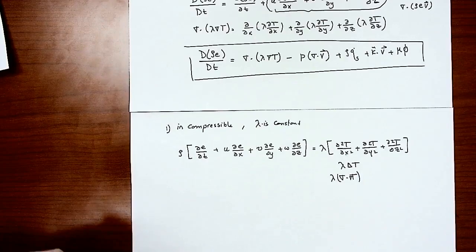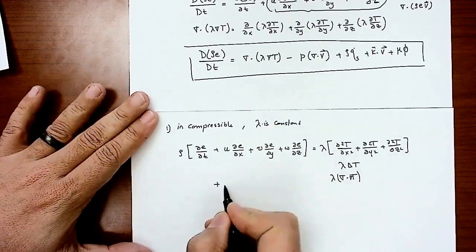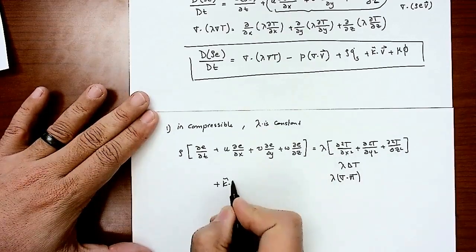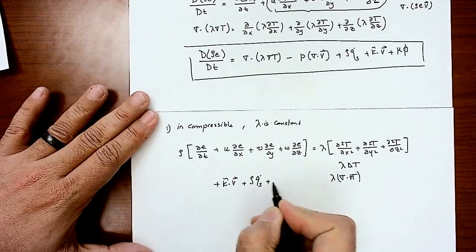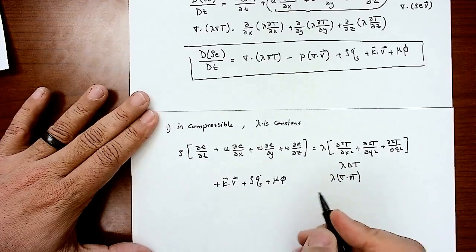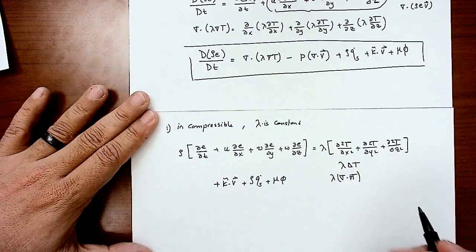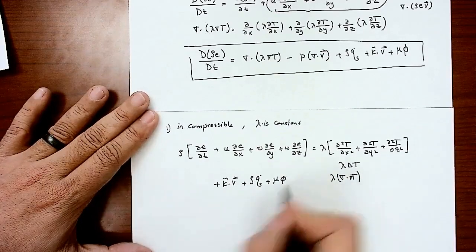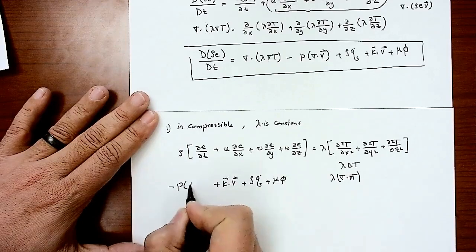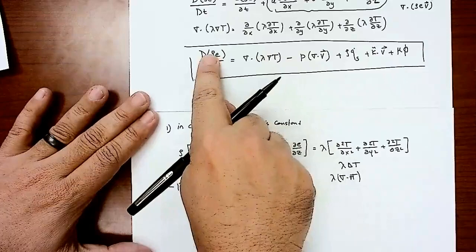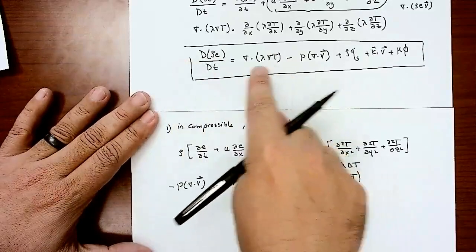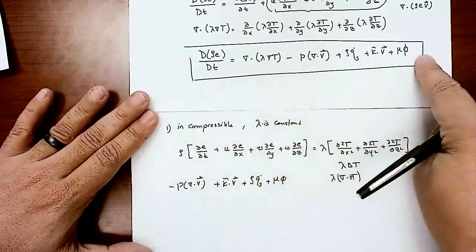What's next? Then the rest of the terms will remain. So that's k dot v plus rho q dot s plus mu phi, minus p nabla dot v. So what happened is rho came out of this equation and lambda came out of this equation, right? And everything else remained the same.